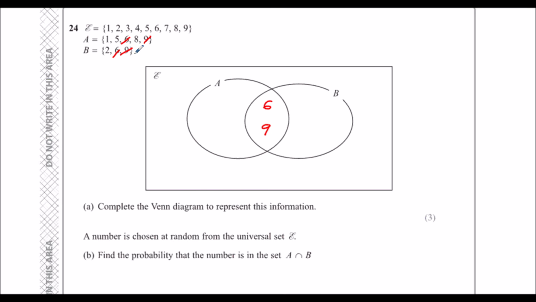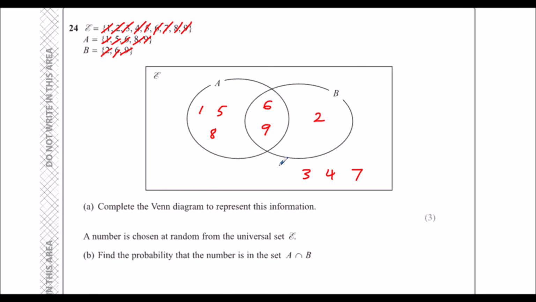A has also got a 1, a 5 and an 8. B has also got a 2. So what's left? Well, we've got 1, 5, 8, 6, 9 and 2. So what's left? We've got 3, 4 and 7.